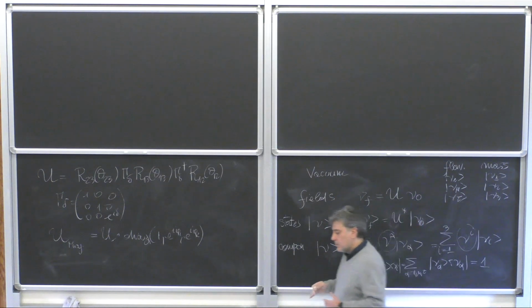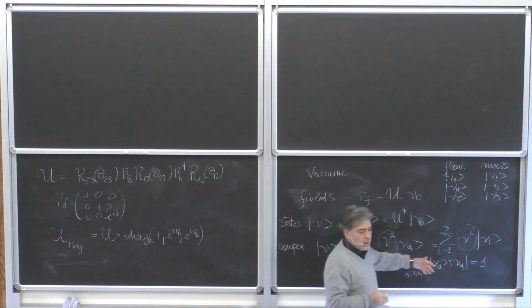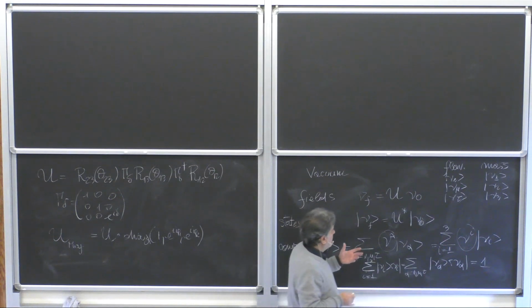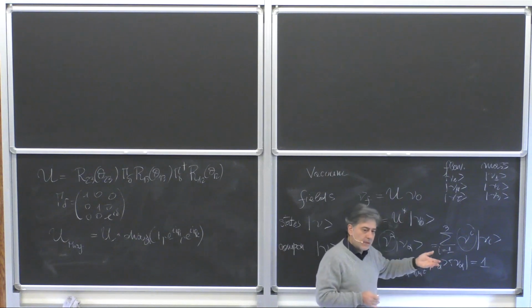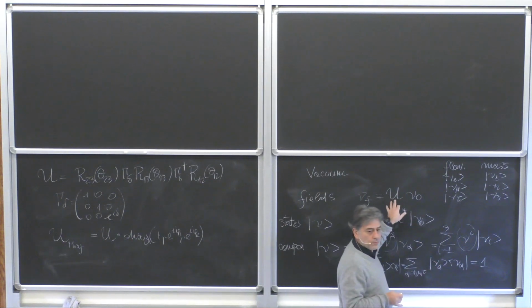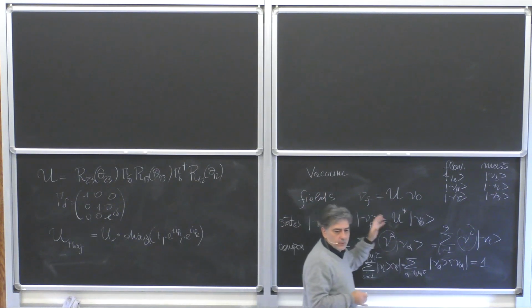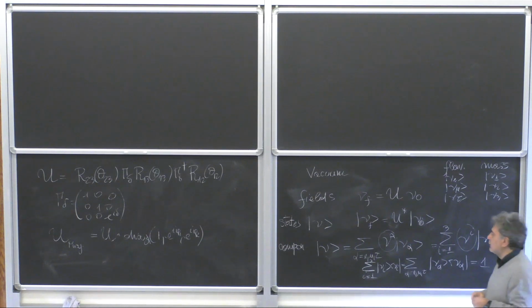Typically this is what we use when we discuss oscillations. And so instead of U star, another time U will appear. This is not always very clear when you read some book or article on neutrinos.